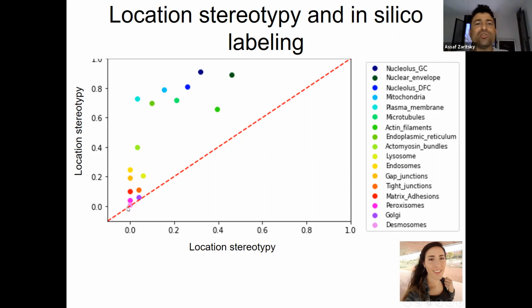But what I think is even cooler is when you look at the low values here. There is very low location stereotypy, so it means that the cell shape is not giving us any information about where the organelle is going to be localized. And you can see a lot of variability here. This means that for some organelles, the network learned where to find them based on local texture properties.